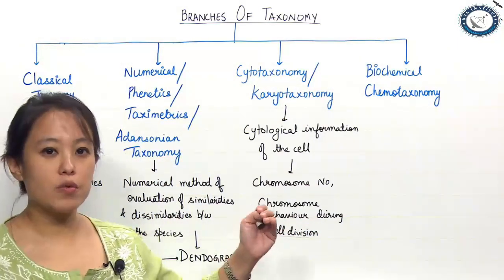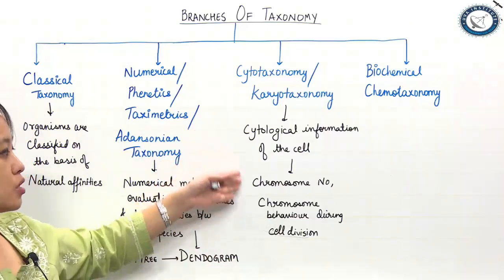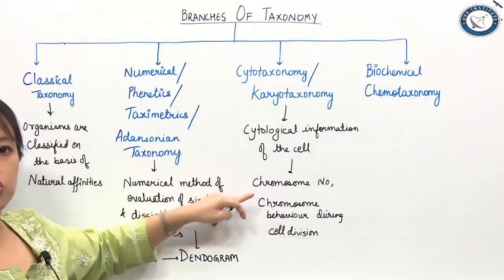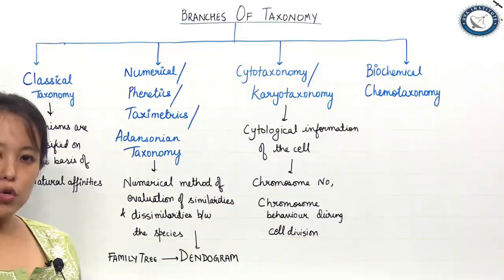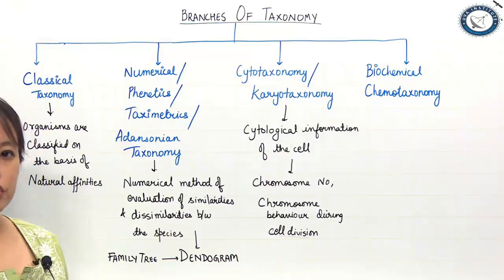This is what we are dealing with here. Cytotaxonomy or karyotaxonomy always deals with chromosome number, and of course chromosome behavior during cell division.